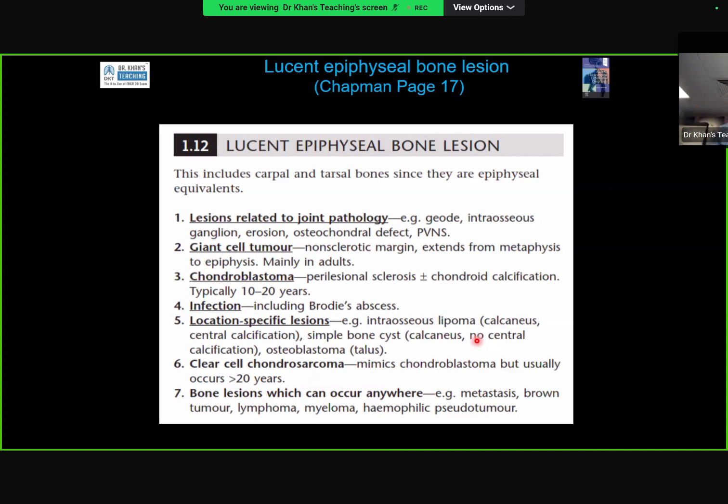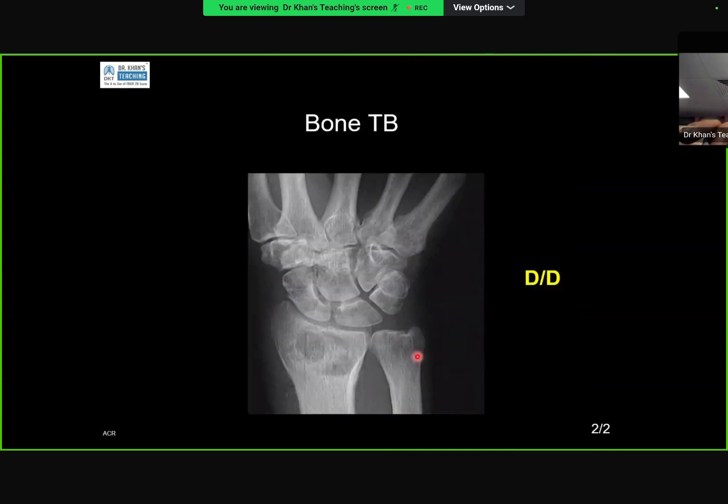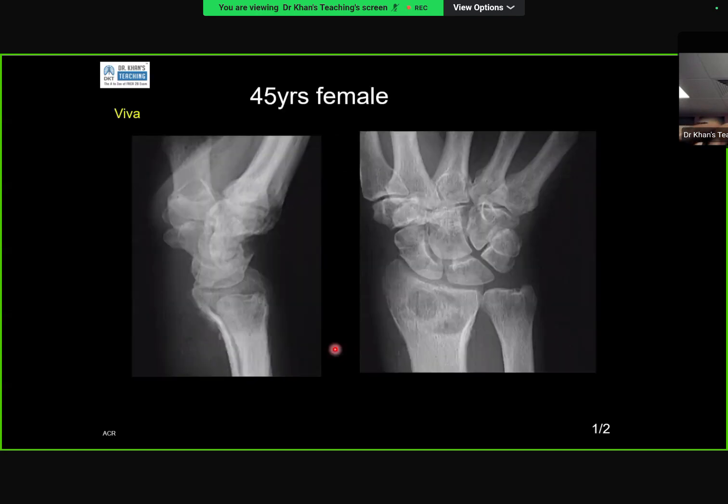Let me tackle it. First of all, you described it very well. There is a lesion with a slightly wide zone of transition here, and there is a bit of periosteal reaction. You did well. You commented that the radiocarpal joint space is also reduced.